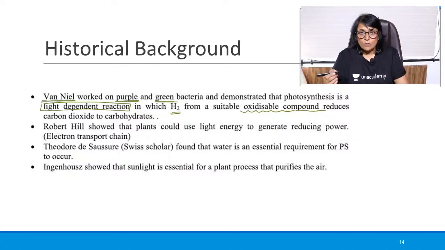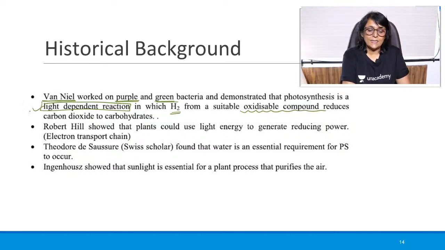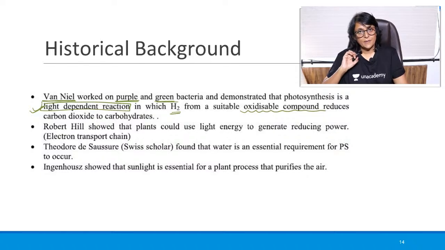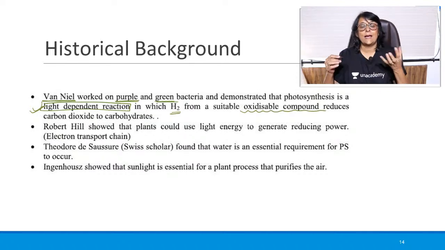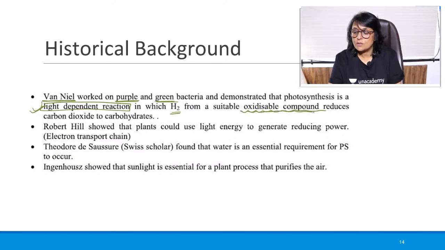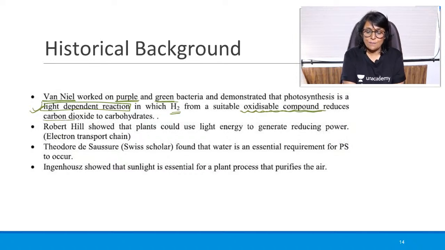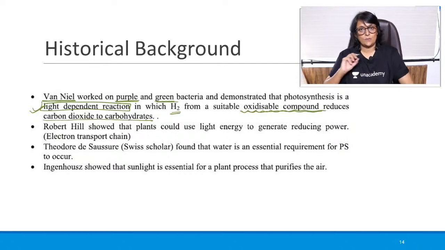It might sound a little difficult, but actually what is happening is a light dependent reaction, and hydrogen is also required. Hydrogen is required to reduce carbon dioxide. So there has to be a substance which is going to give that hydrogen, and that substance is that oxidizable compound which is going to reduce carbon dioxide into carbohydrate.